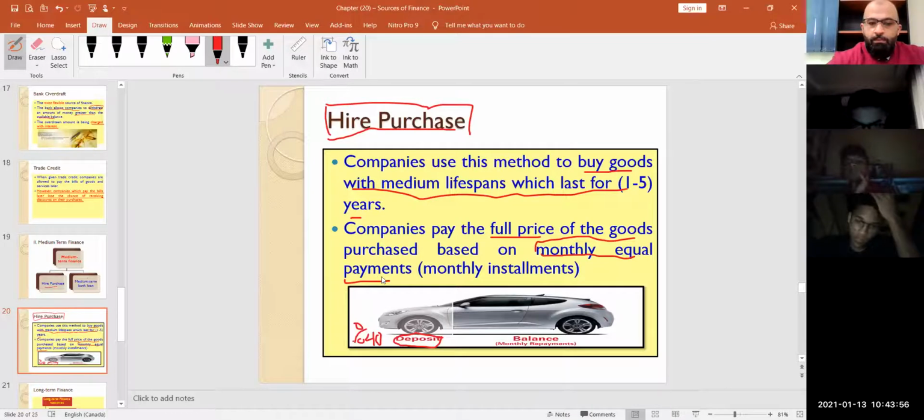Installments. Monthly means we pay it every month. Equal means you'll pay, for example, 4000 or 5000 pounds every month. So this is going to be monthly installments, monthly and equal payments.